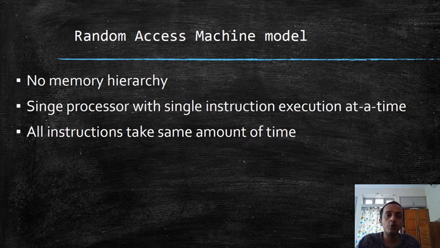No matter if you are doing addition, subtraction, multiplication, division, or loading a value into a variable, any instruction that you consider as part of your pseudocode, we will assume that it takes the unit amount of time, it takes exactly the same amount of resources, it has exactly the same cost. All these three assumptions are in contrast with real-world computers.